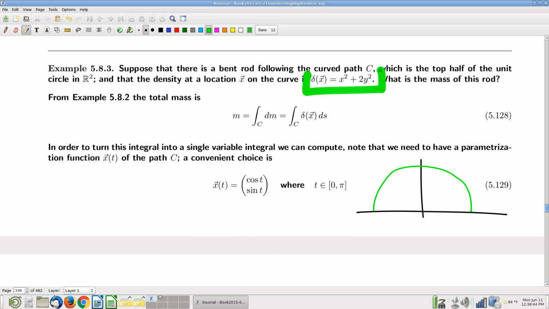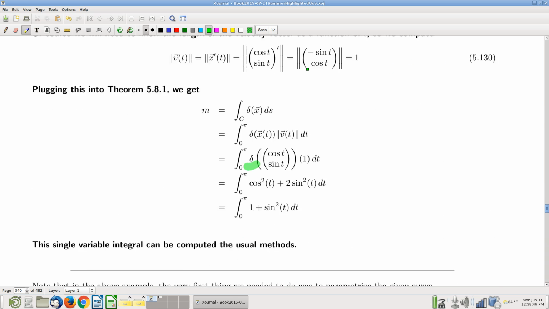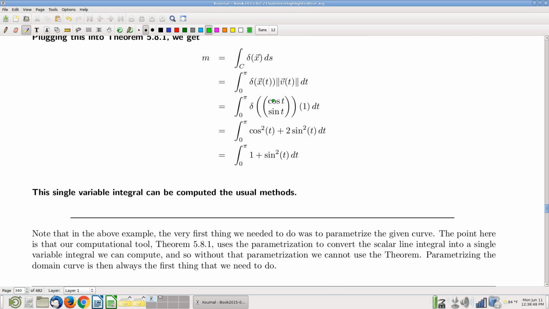Density is x squared plus 2y squared. I'm just plugging into the density formula. And yeah, single variable integral, plug and chug. And y'all can compute these kinds of integrals.